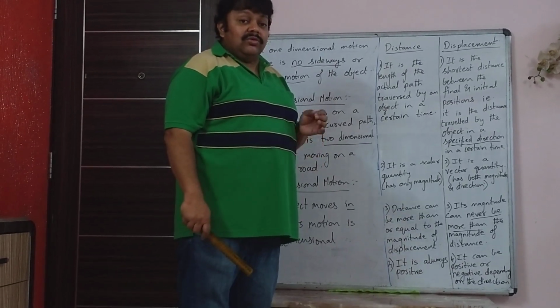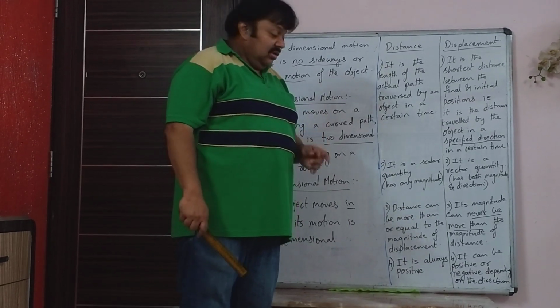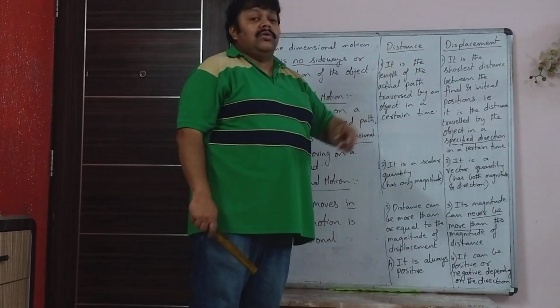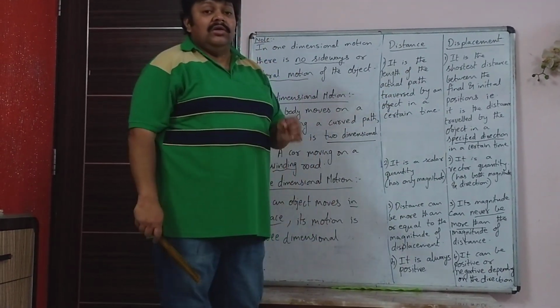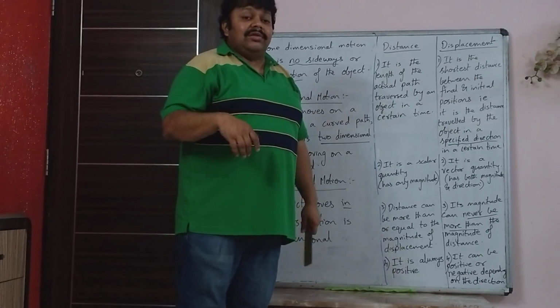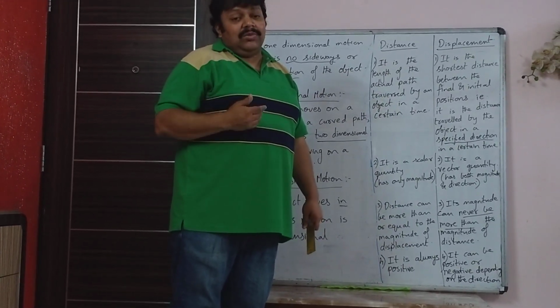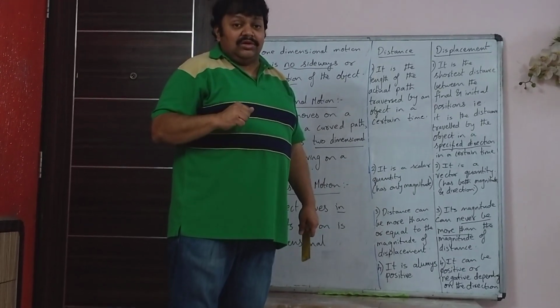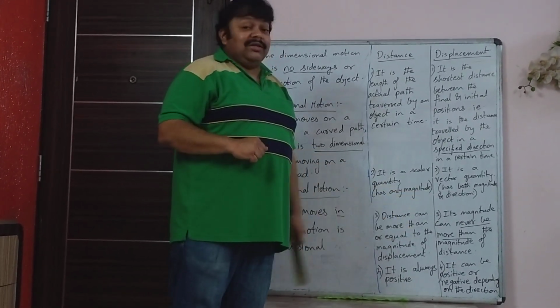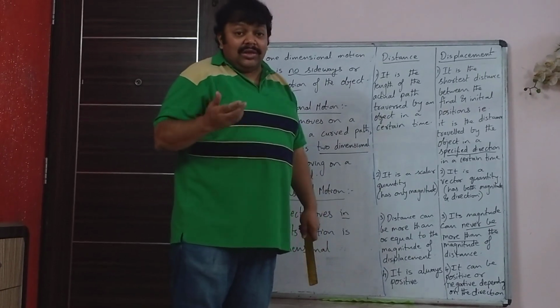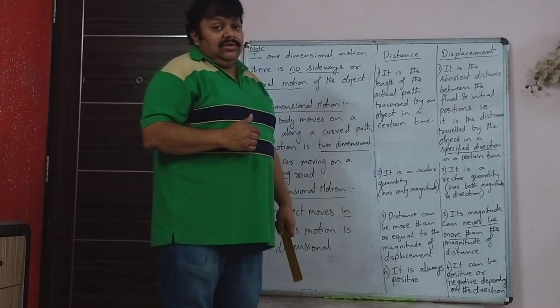So that 1200 meters is displacement, and the path you have moved on the road, 1500 meters, is the distance. That's an example which says that distance will always be more than or maybe equal to displacement. But displacement cannot be more than the actual distance.